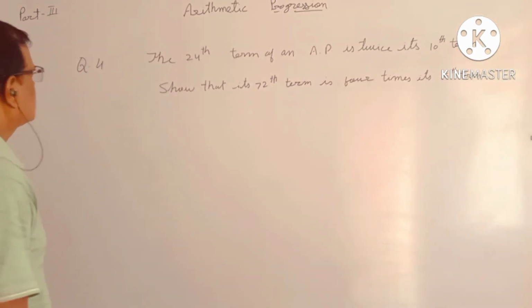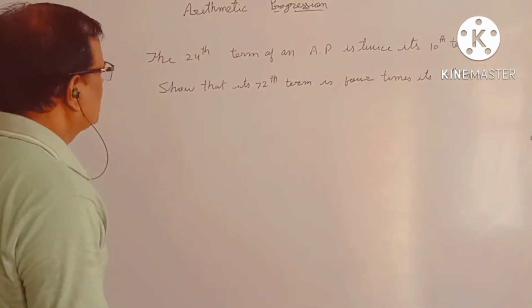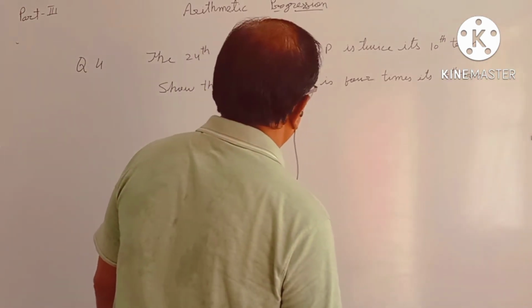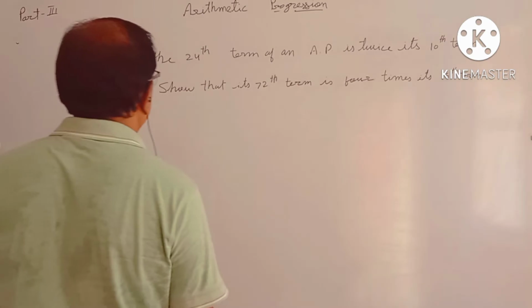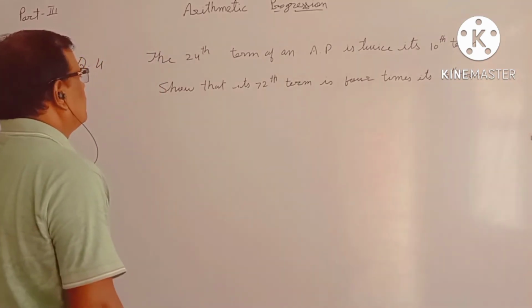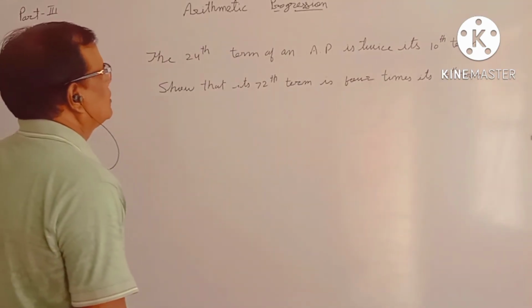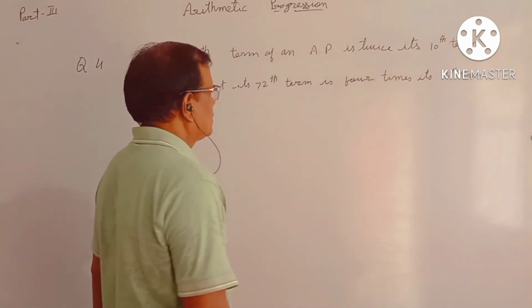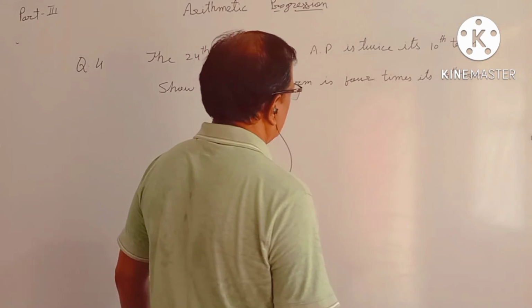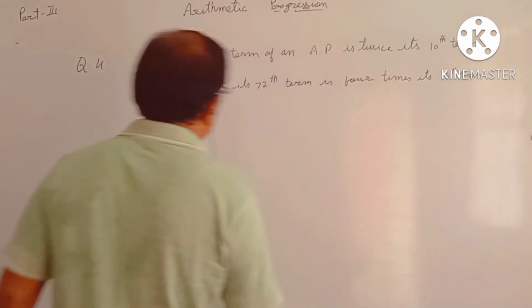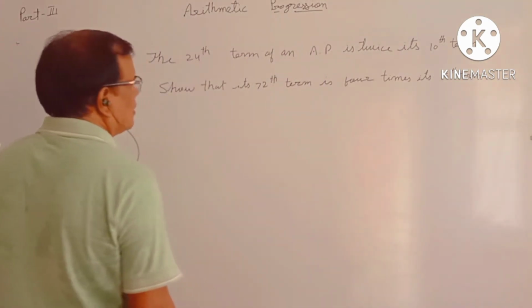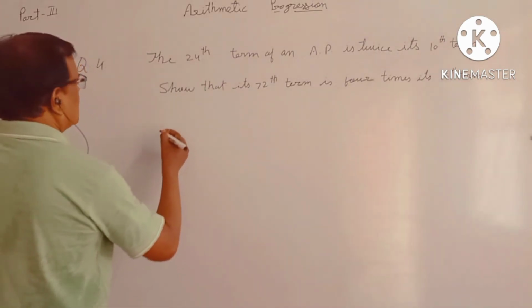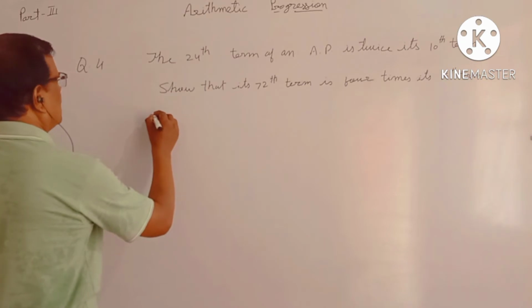The fourth question: the 25th term of an AP is twice its 10th term according to the first condition, and we want to show that its 72nd term is 4 times its 15th term. So first we find the equation from the first condition according to the question.